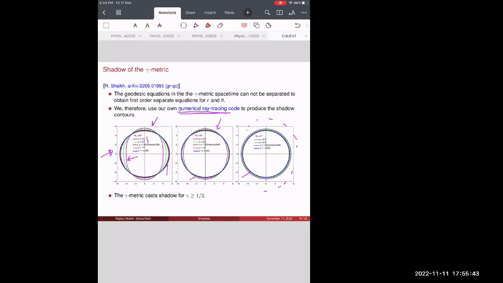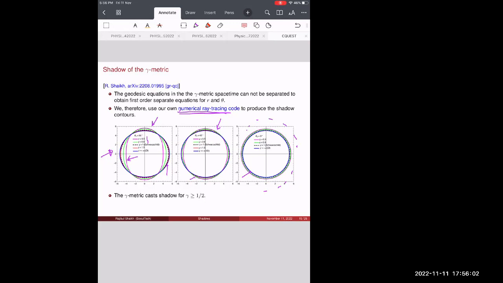In this aspect, could you explain the research trend on the black hole shadow using black holes in modified gravity or black holes with additional matter? How about the trend? Could you explain that more?